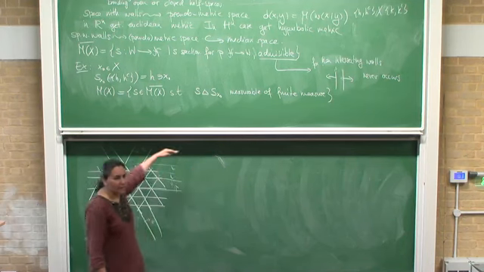And you can see that this is no longer given by a point in your space. It's still an admissible section, but it's no longer a point in your space.